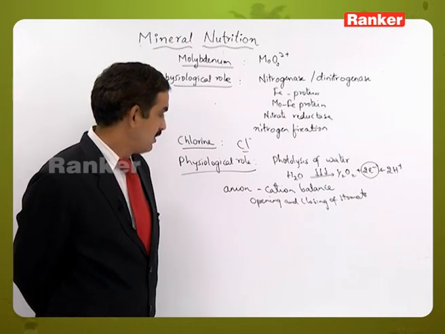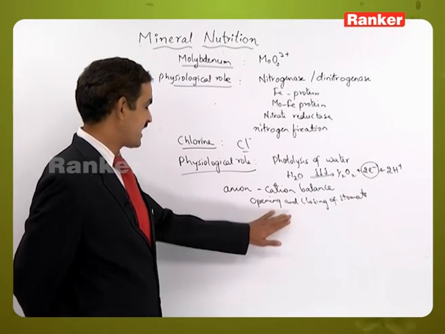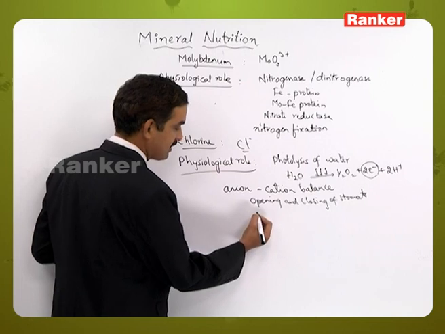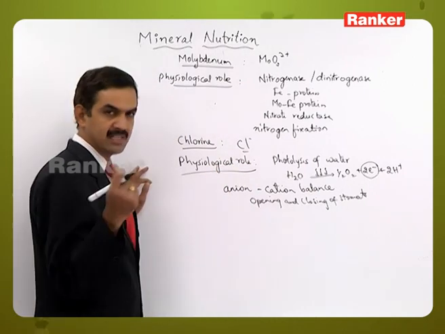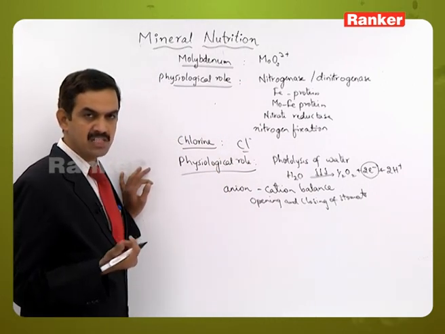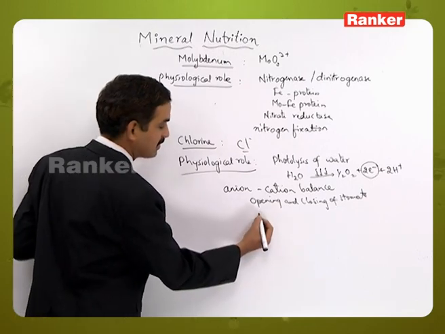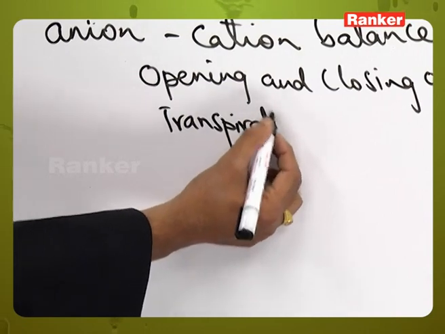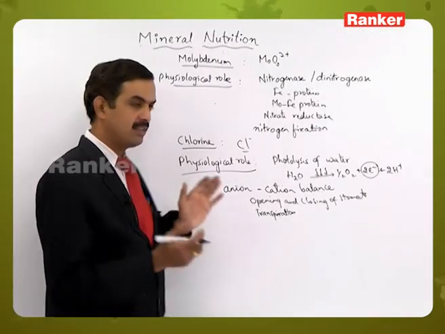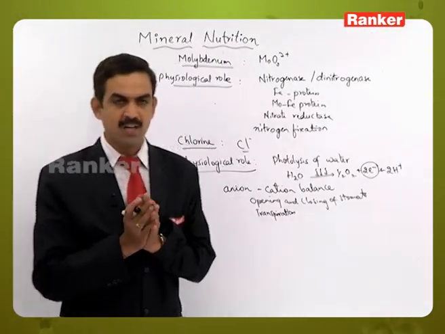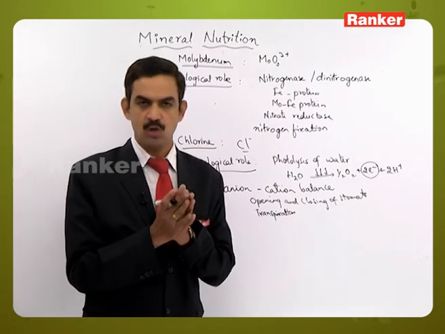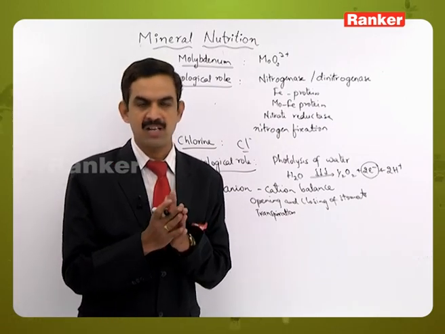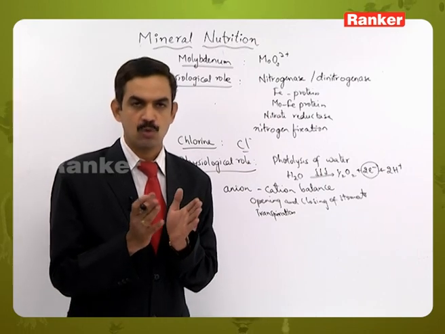When opening and closing of stomata is taking place, the turgidity and flaccidity of the guard cells will be maintained. So during this process it helps in the transpiration process. That is, when the guard cells acquire turgidity, the stomata will open, and when the guard cells acquire flaccidity, the stomata will close.